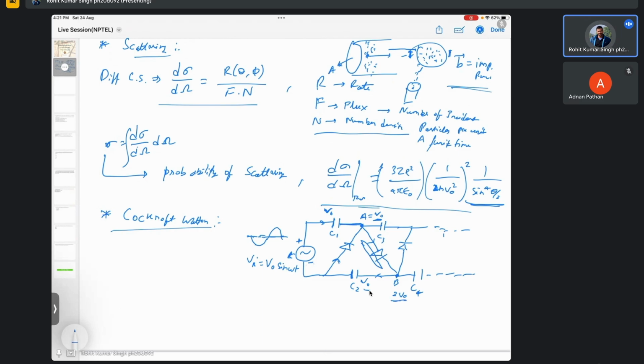One V naught comes from here, and this V naught will be the same as B. Then this cycle repeats, and the voltage keeps accumulating until, after n stages, you will get 2nV naught. So this is how it happens. Do you understand?